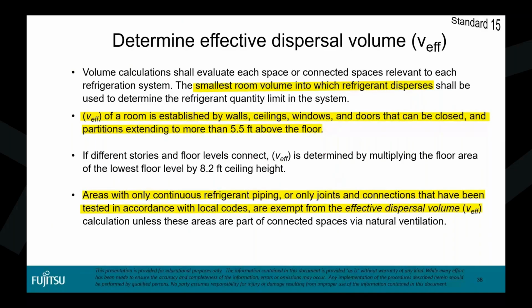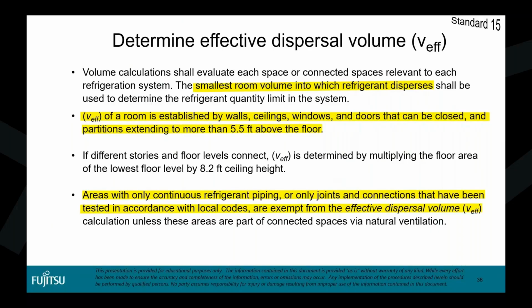So that means that if you have a cubicle environment that has tall, more than 5.5 feet walls, and a door that can be closed, then that cubicle is a room by definition. If you don't have a door, you're good. Or if you have low partitions, you're good. But that is something to think about when it comes to non-residential.